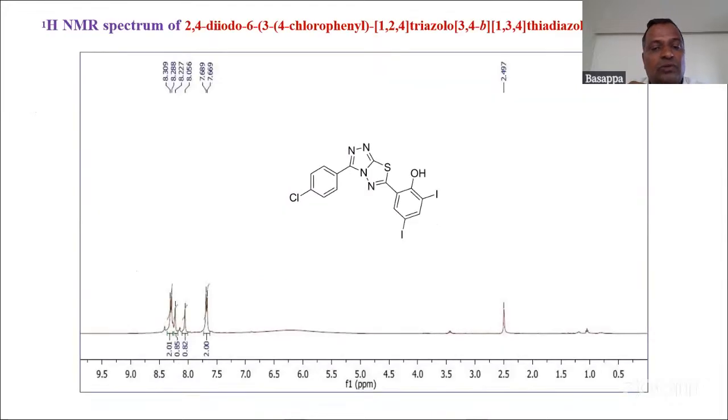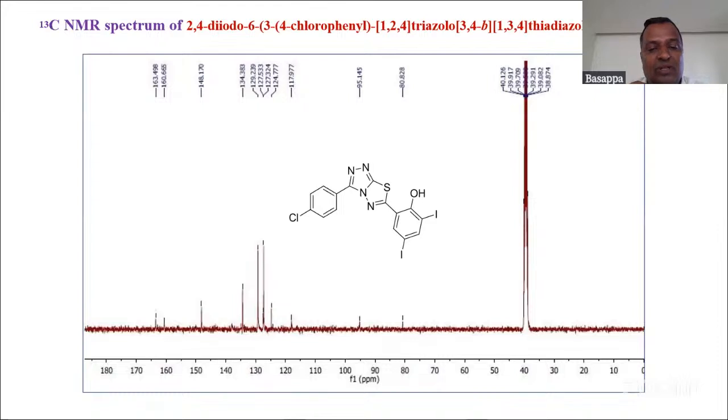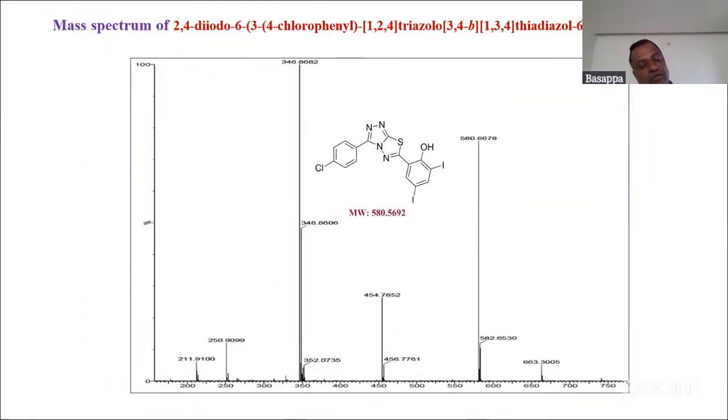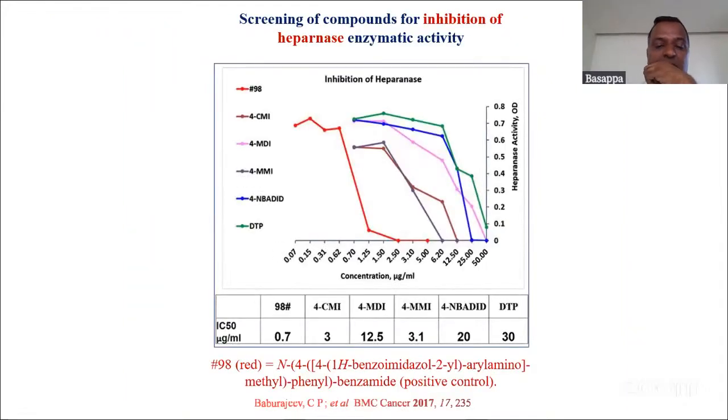This is the library, and this is the NMR, followed by C13 and mass spectra, which confirmed the integrity of those molecules. We subjected these molecules to inhibition of heparanase activity by a colorimetric method.